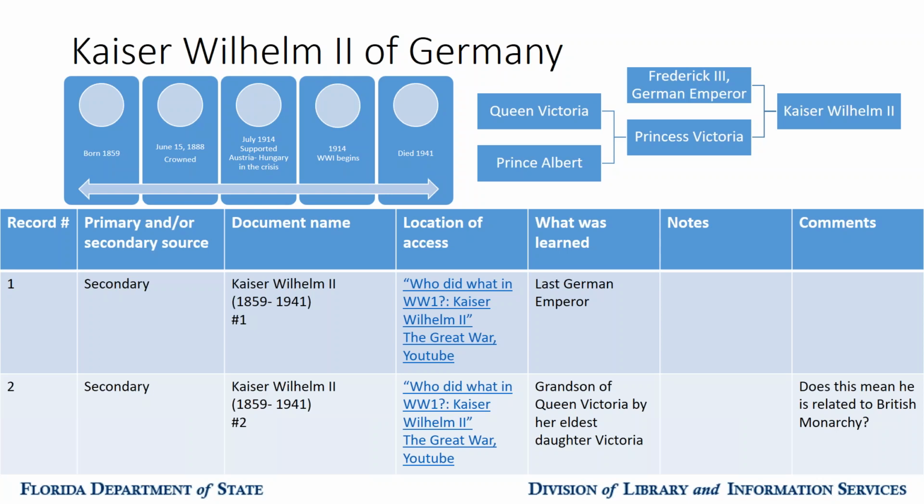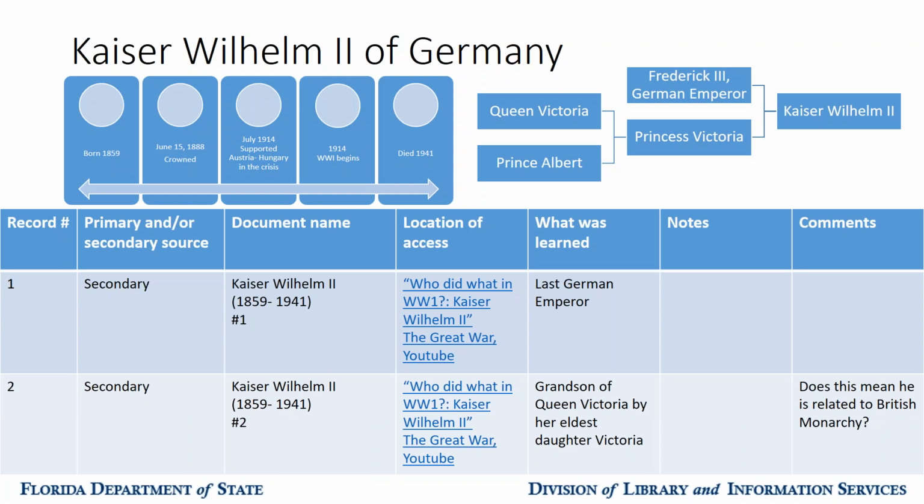He supported Austria-Hungary during the crisis of 1914, which is something that students may not have heard that term before. We tend to talk about the assassination and immediately jump into World War I and forget that there was a little bit of a period of time between when the assassination occurred and when the war started.